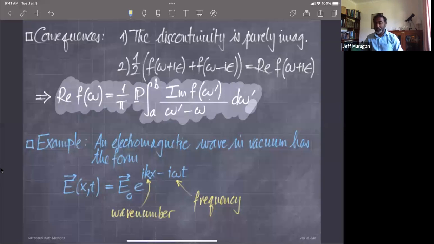Okay, so this is for an electromagnetic plane wave in vacuum. This is an important point here. The wave number k, just quickly, can be written as a ratio of omega and the speed of light. So this is what happens in vacuum.